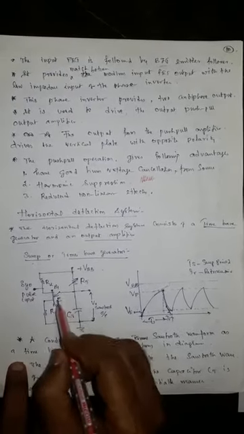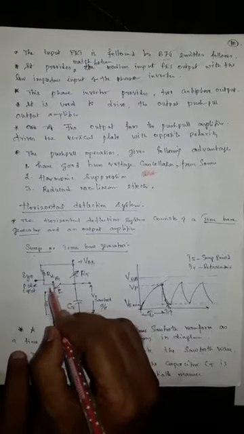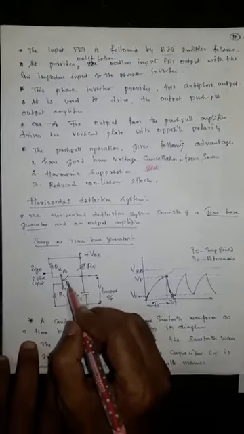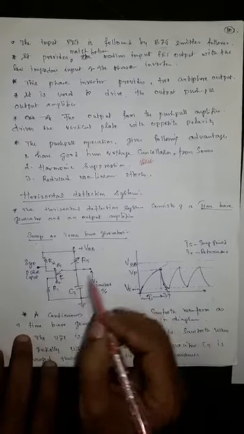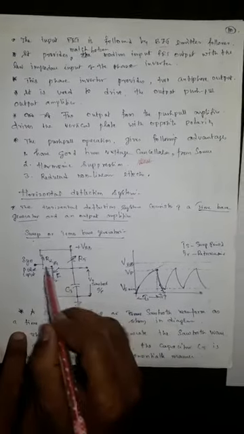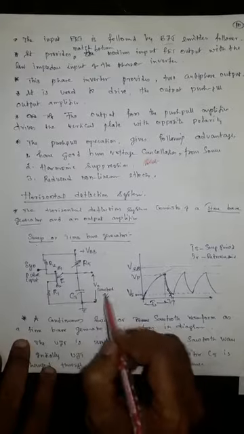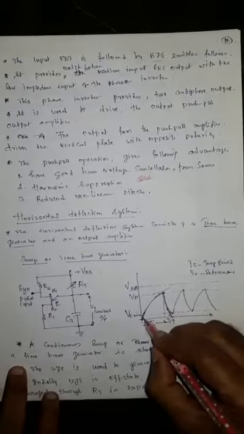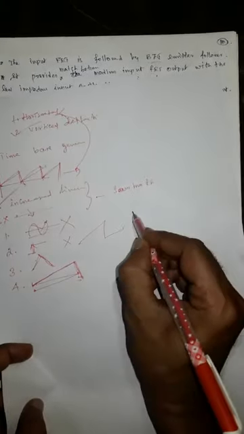The UJT has two base terminals, B1 and B2, and an emitter. Here we have resistors R1 and R2. This is the output. Actually it is not the exact sawtooth; practically the sawtooth will look somewhat like this.